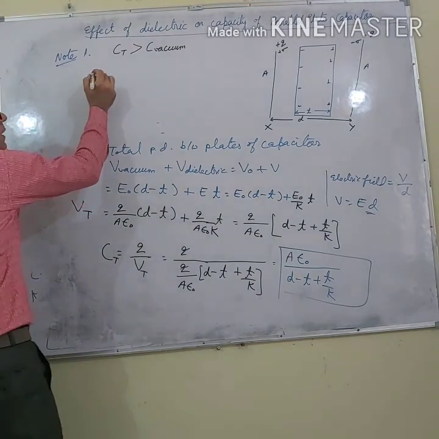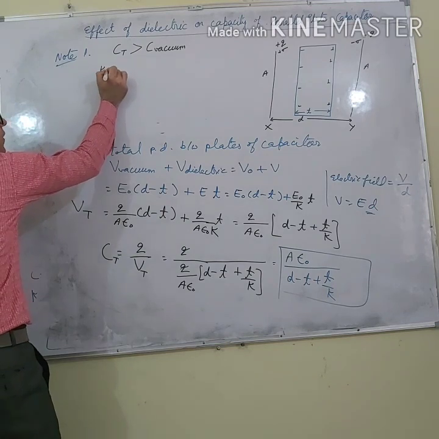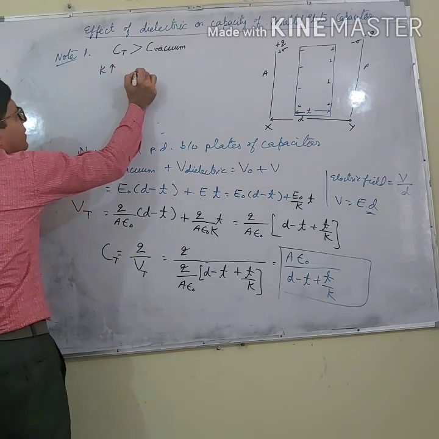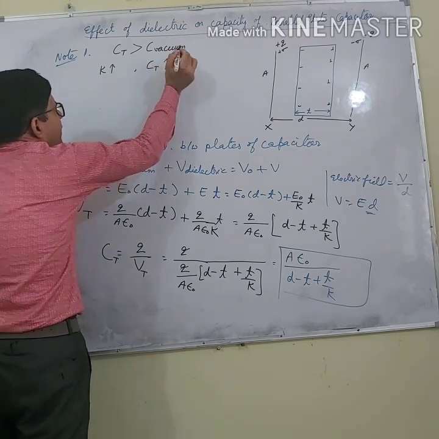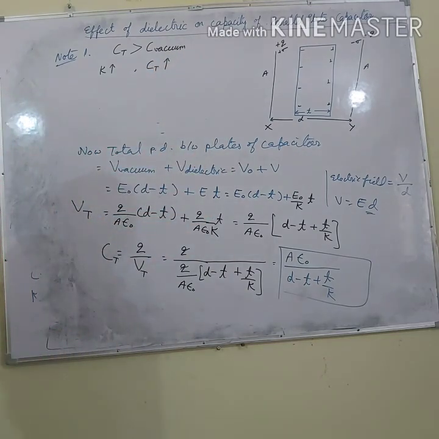So what does it mean? It means if the dielectric constant is increased, definitely the capacity of the parallel plate capacitor will increase.